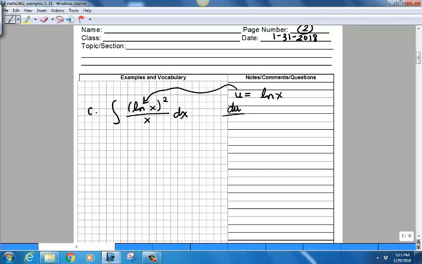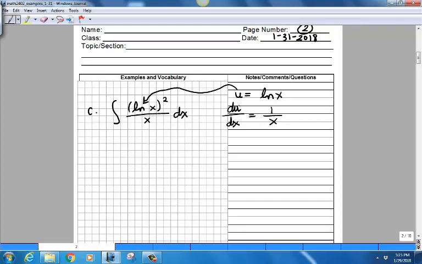All right, so to get rid of the dx, first thing I'm going to do is think of U as being a function of x because I have U equal natural log of x. And I'm going to take the derivative of U with respect to x, okay? So I get du dx is equal to, of course, what's the derivative of natural log? Well, we've learned that, right? That's 1 over x.